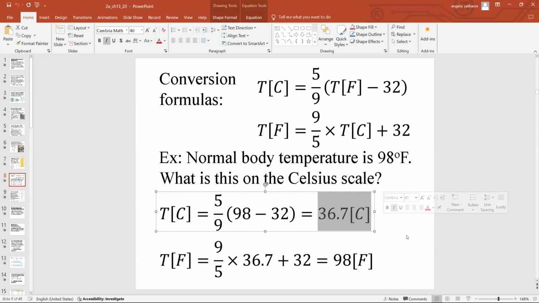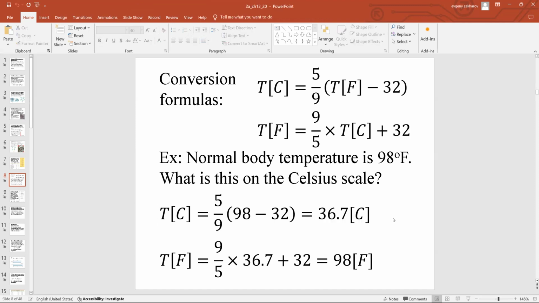This is the normal temperature that you will see on many thermometers everywhere on Earth, other than the United States. 36.7 Celsius degrees. This is your normal body temperature. This is what makes sense, at least, to me. For all my life, I lived in Europe, and Celsius was the most accepted scale.